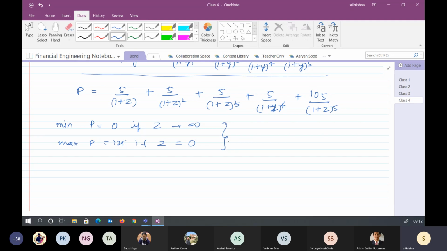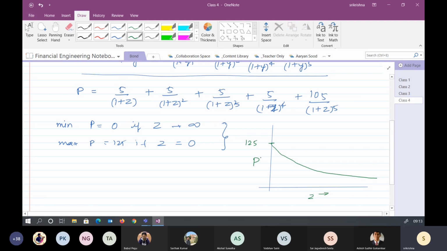Yes, sir. So let's draw this one. The graph would look something like this, and it will tend towards 0 when Z is tending towards infinity.